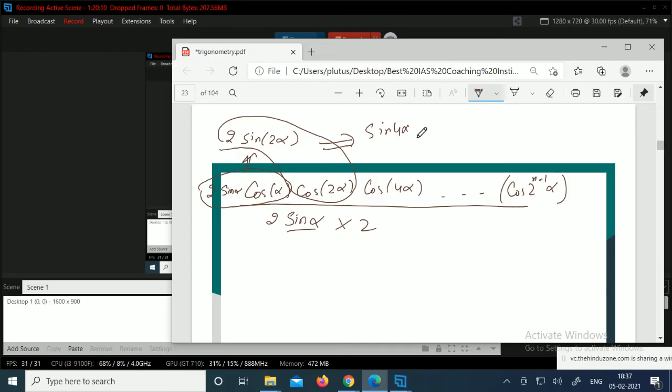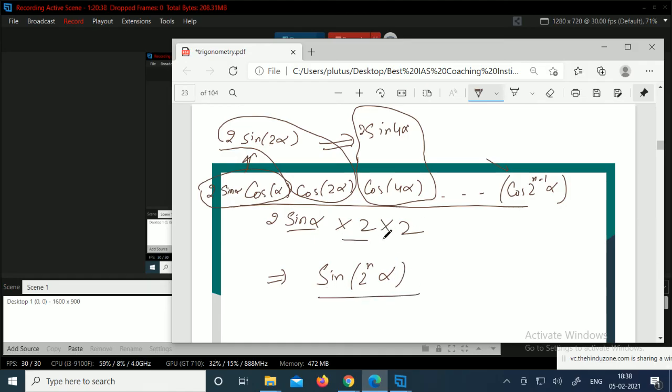Again, if I multiply by 2, can I club now this 2? In a similar pattern, we are going to club up to this point by multiplying 2 to 2. So this whole expression is converted into sine 2 to the power n alpha.